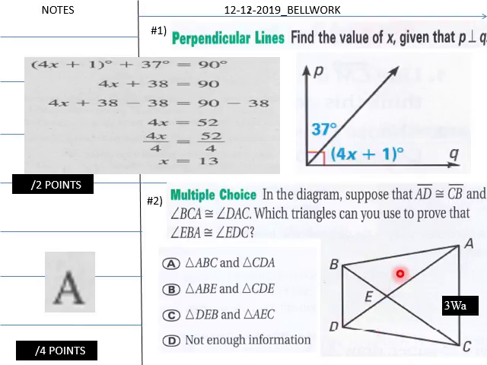So you have to separate those triangles, and then that will be more of an apparent method of proving this.